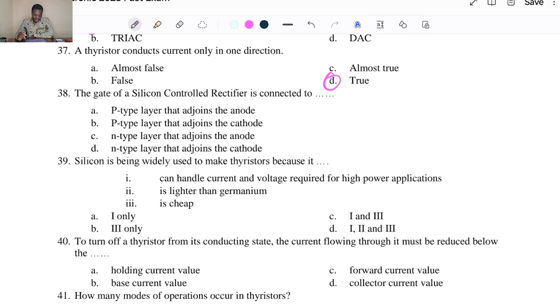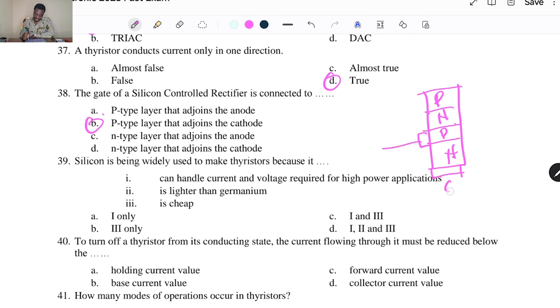The gate of a silicon controlled rectifier is connected to the P-type layer that adjoins the cathode, right? So for example, this is P and P. The gate is here, this is the cathode, and then here we have the anode.